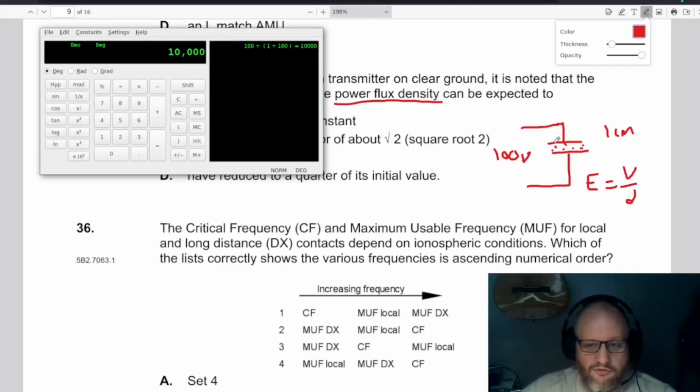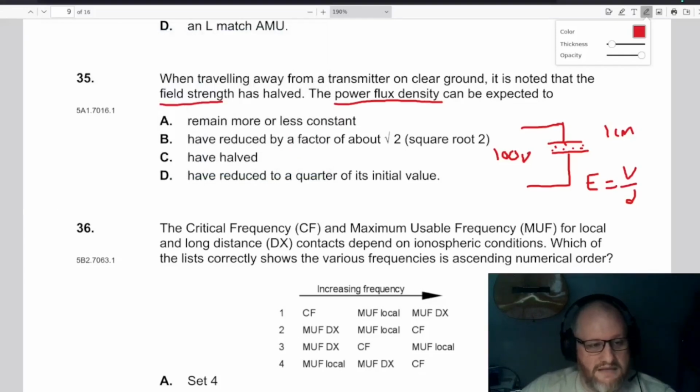We have 100 volts distributed over a distance of 1 centimeter. If we scaled that distance up to 1 meter, and we wanted to maintain the same electric field strength, then we would need to apply 10,000 volts, because this is 10,000 volts per meter.